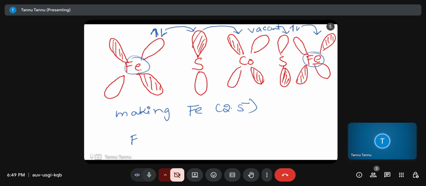So this Fe will be in 2.5 oxidation state, cobalt 3+ low spin, eg orbitals are vacant, and this Fe is also.